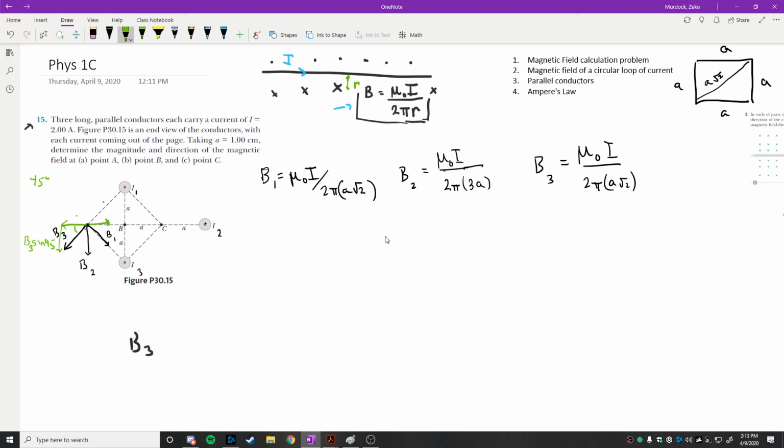So really what we're going to get is that the total magnetic field at that location is going to be equal to something like B1 times the sine of 45 plus B3 sine 45 plus B2. And all of these are pointing in the negative j hat direction if we define up to be positive y and then right to be positive x.